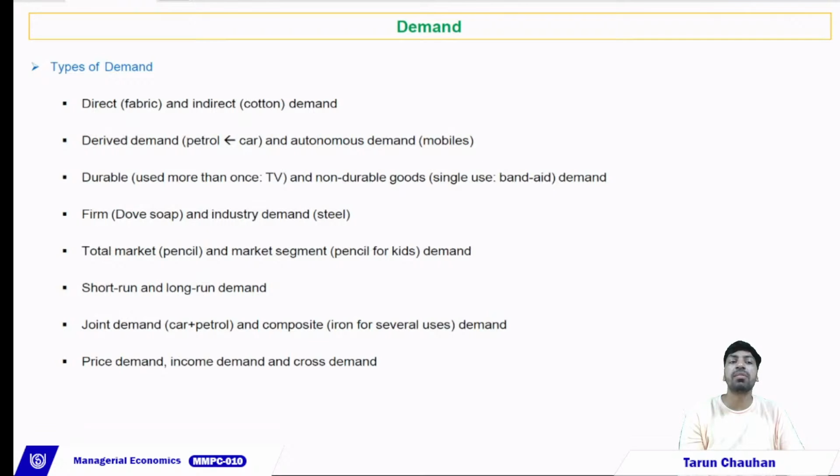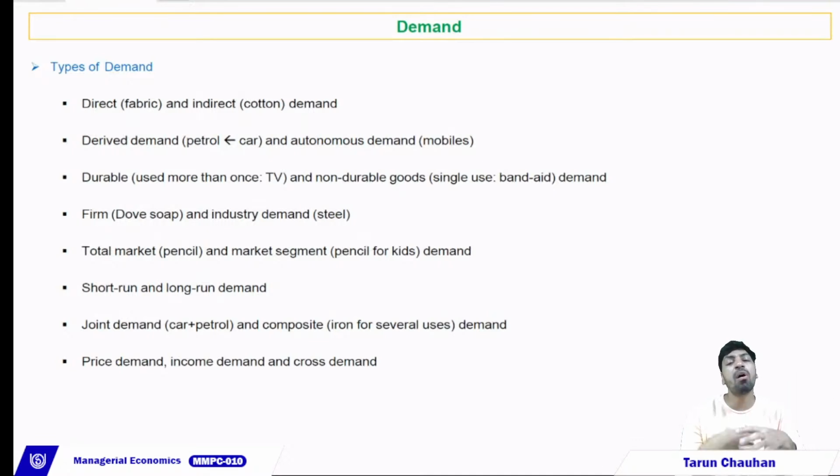When we talk about autonomous demand, a consumer must have a natural desire to buy a product, or to use it to satisfy their own needs, and that's called mobile. So mobiles have an autonomous demand, because every human being has a natural desire to buy a new mobile.